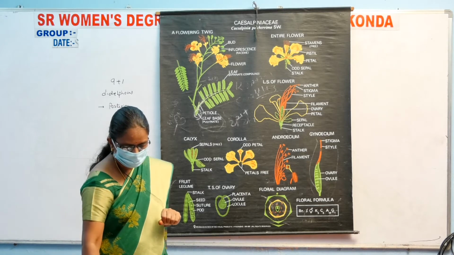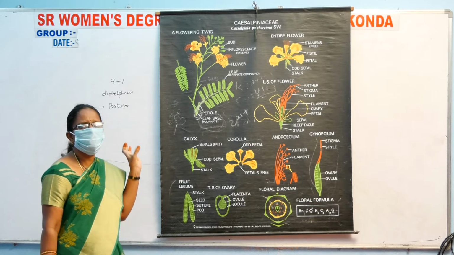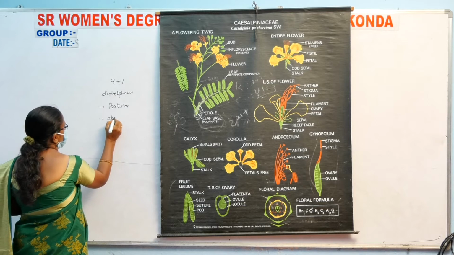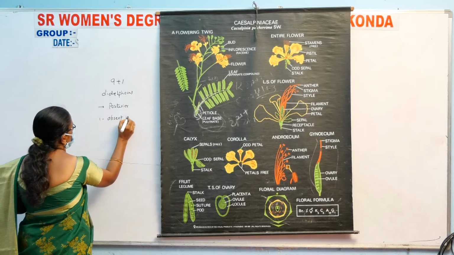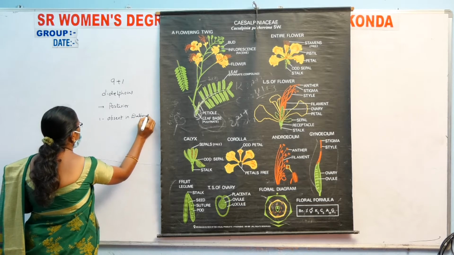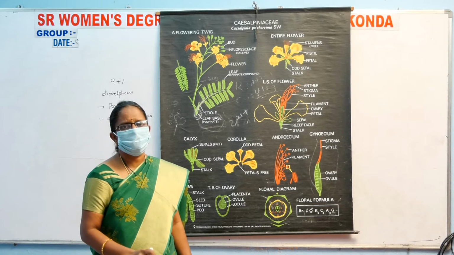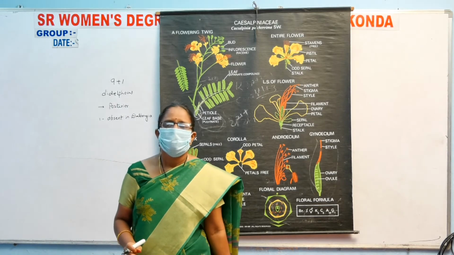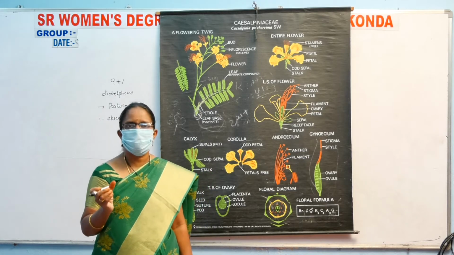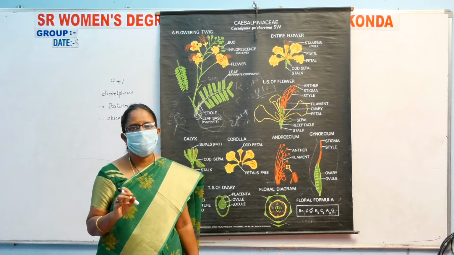The one posterior stamen is absent in Dalbergia. The stamens are monodelphous or didelphous. When 10 stamens are fused it is monodelphous, and in Tephrosia purpurea 9 stamens are fused and only one stamen is free, present at the posterior side of the flower.